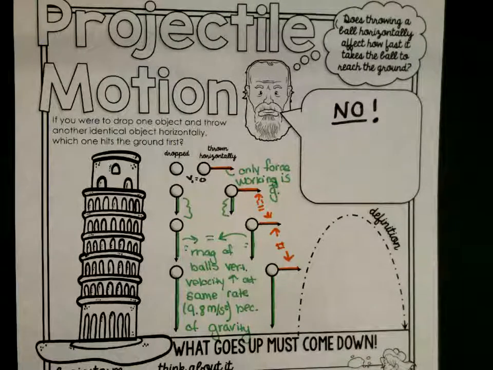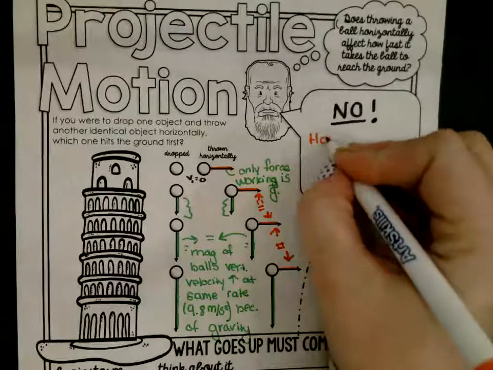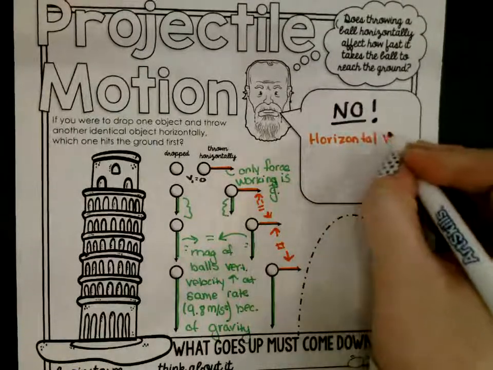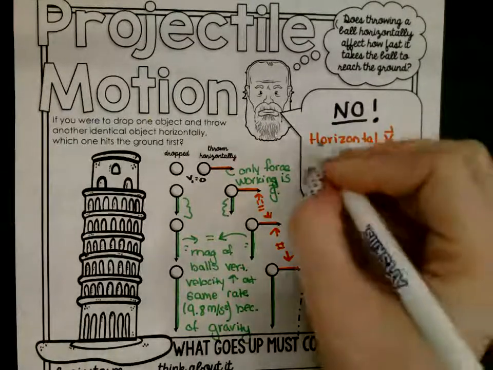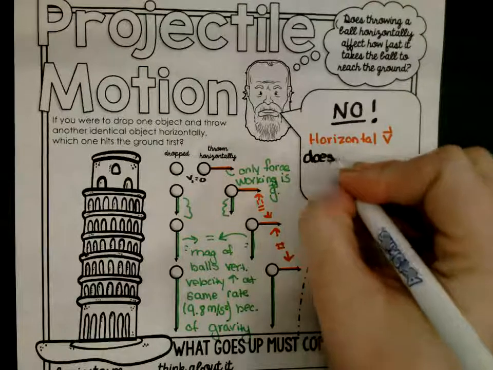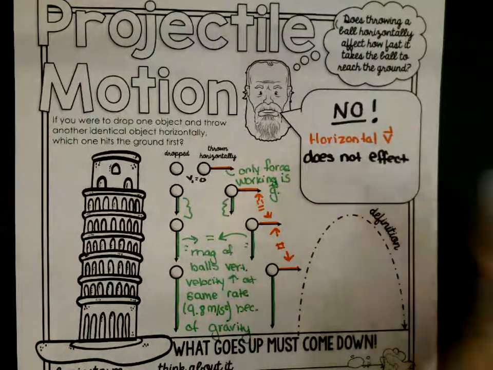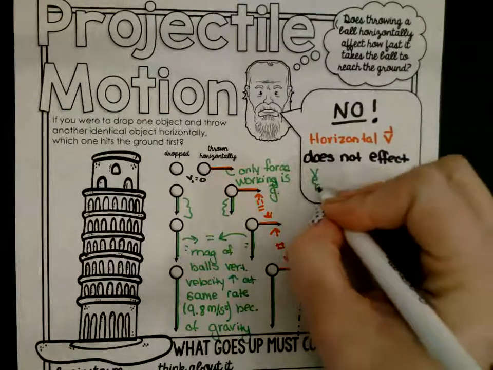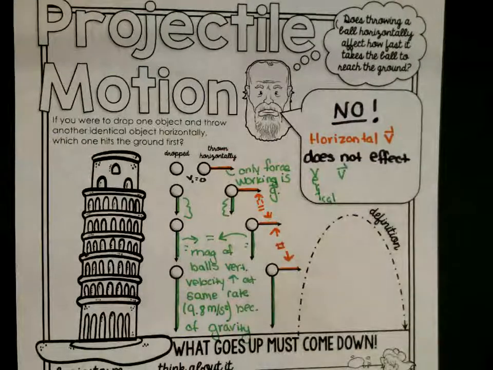So we can say without a shadow of a doubt that horizontal velocity does not affect vertical velocity. They are independent of one another.